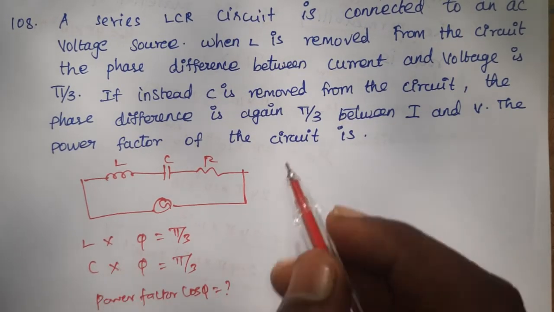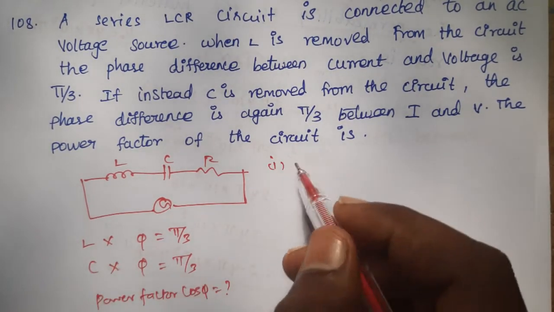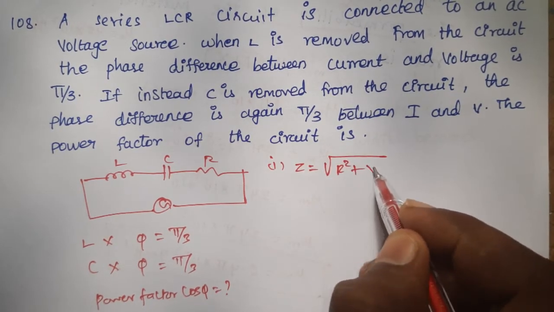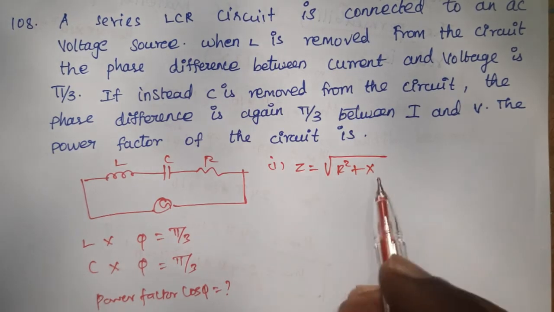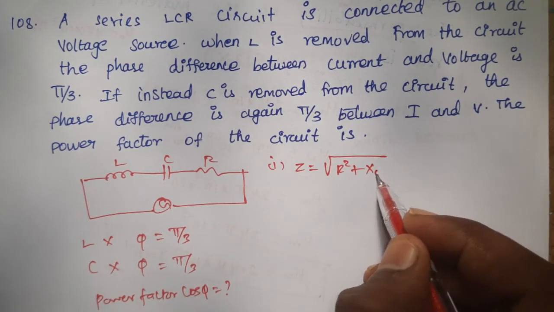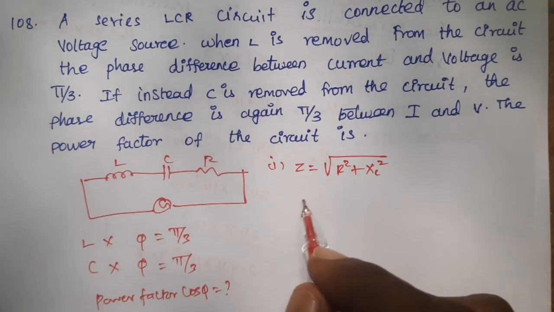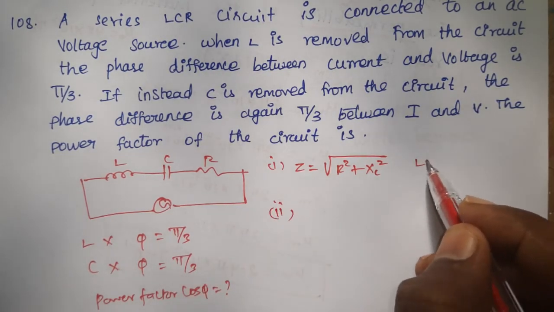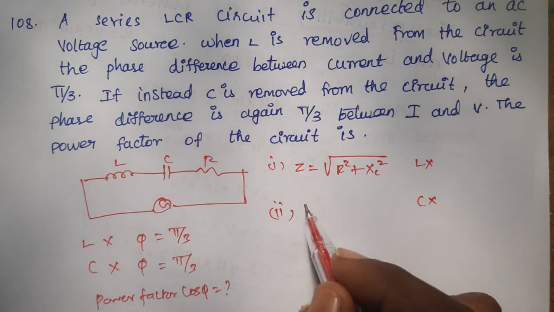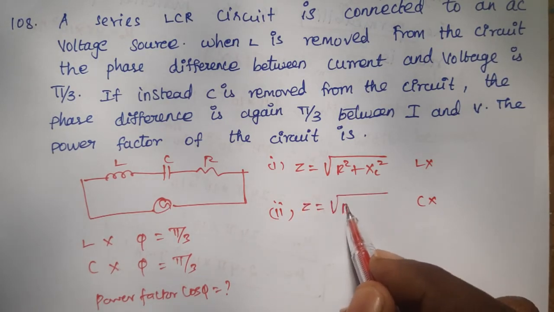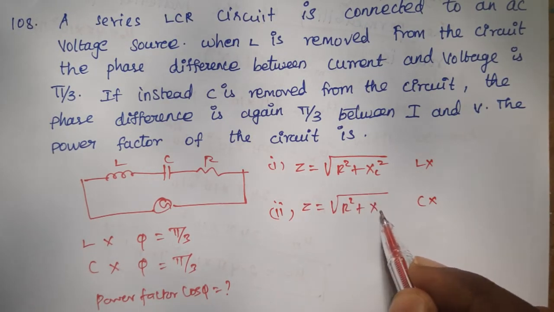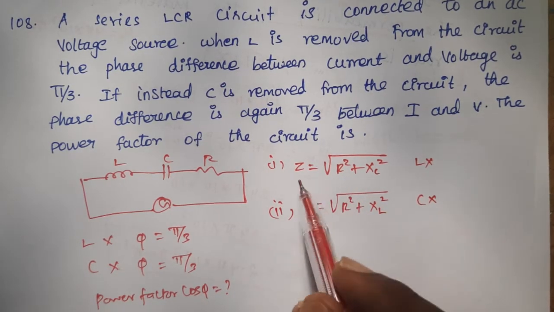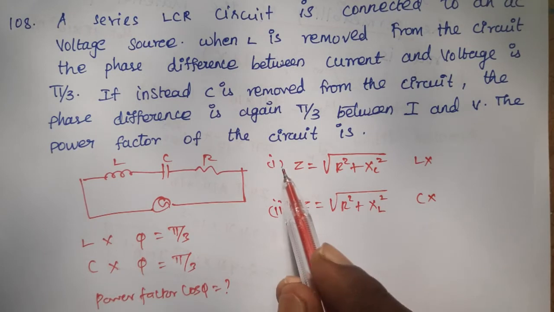In the first case, when the L is removed, the impedance is root of R square plus (XL minus XC) whole square. L is removed, so XL will be 0, so we will get only XC square. In the second case, if C is removed, the impedance is root of R square plus XL square. Now we can find the power factor for each case.